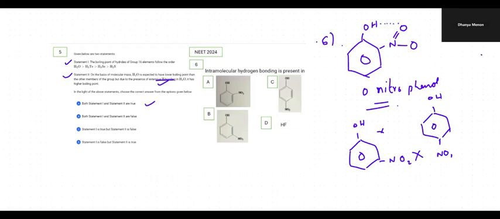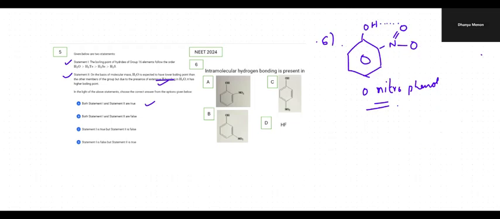Now, in HF, there is hydrogen bonding, but with another molecule. So this is not intramolecular, this is intermolecular. Our question is intramolecular. So what is our answer? Our answer is A. Okay.